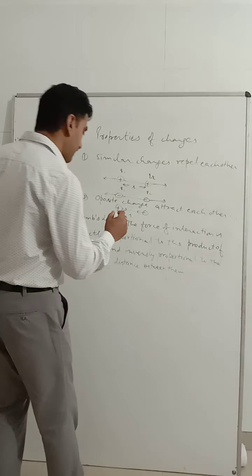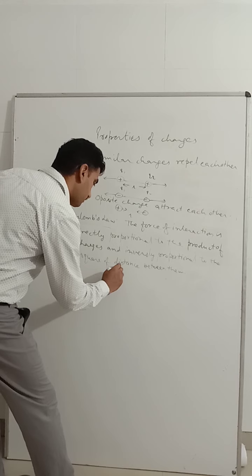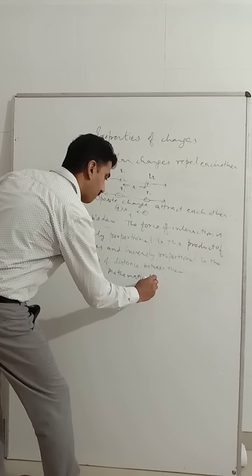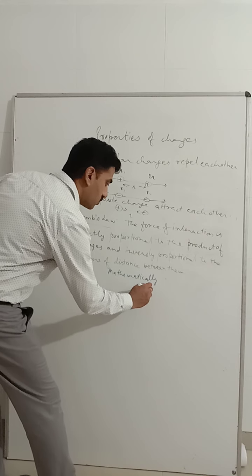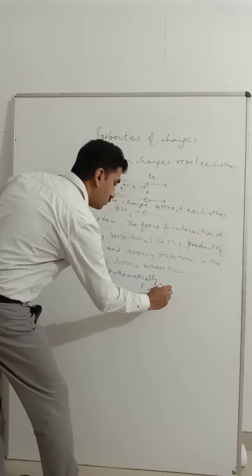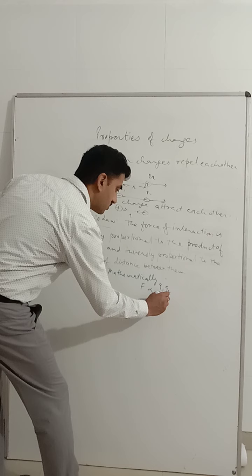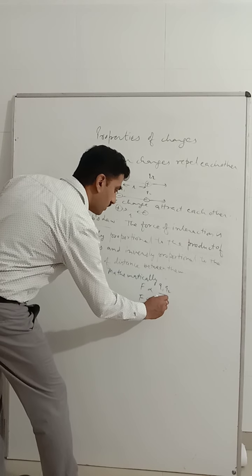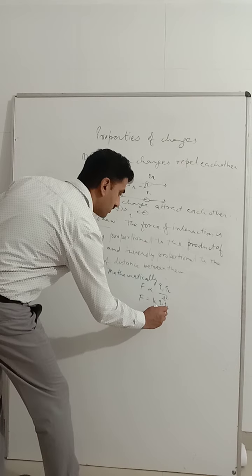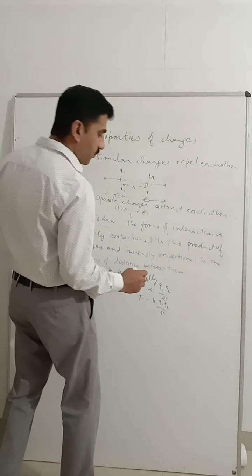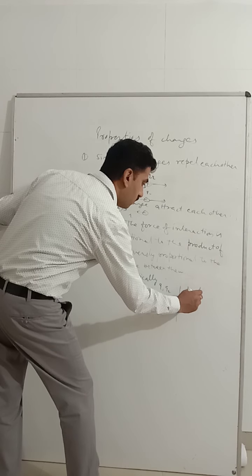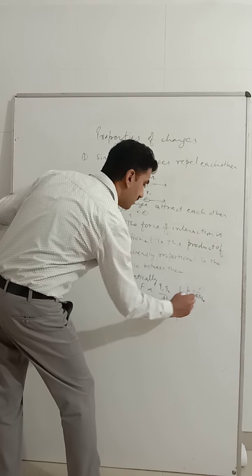Mathematically, F is proportional to Q1 into Q2 upon R square. F is equal to K times Q1 into Q2 upon R square, where K is the constant of proportionality and its value is K is equal to 1 upon 4 pi epsilon naught.